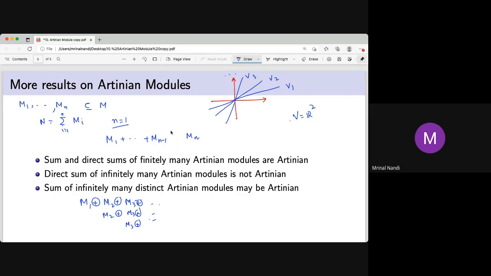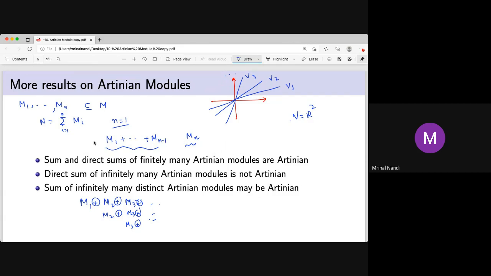We just have to show that this plus this is Artinian, so the sum of two Artinian modules is Artinian. The first is Artinian by the induction hypothesis, and Mn is already given to be Artinian. If the sum of two Artinian modules is Artinian, then the sum of any finite number is Artinian.